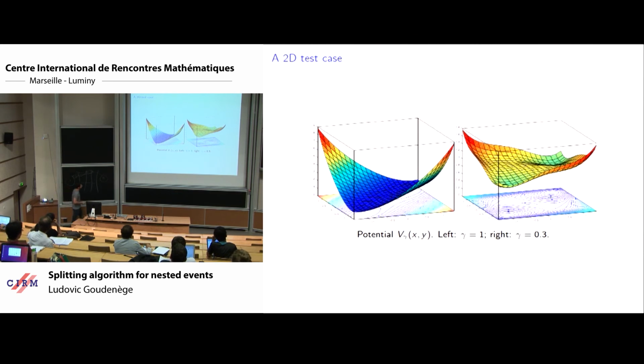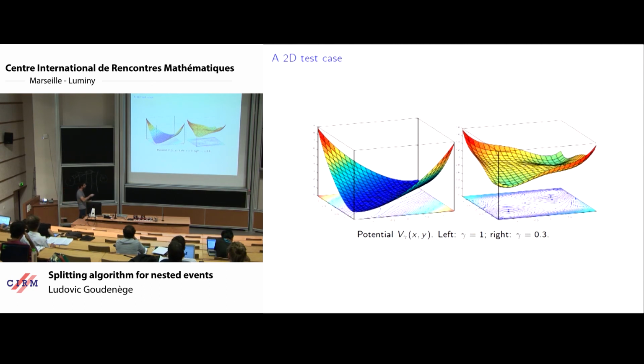So first test case. I have some potential indexed by some gamma. So when gamma is very high, the potential is very smooth, and there are only two minima. The first minimum is here, the second minimum is here. So this is the location of A, and this is the location of B. Okay, this is in dimension 2.